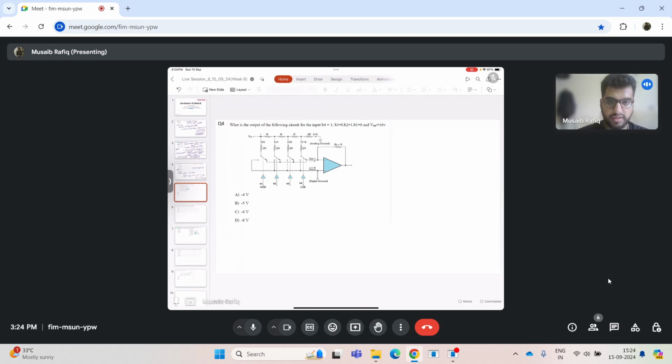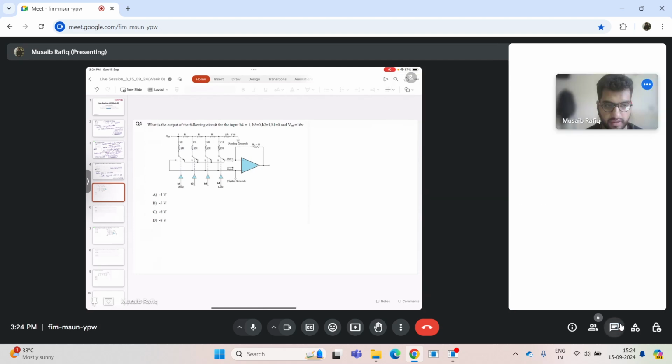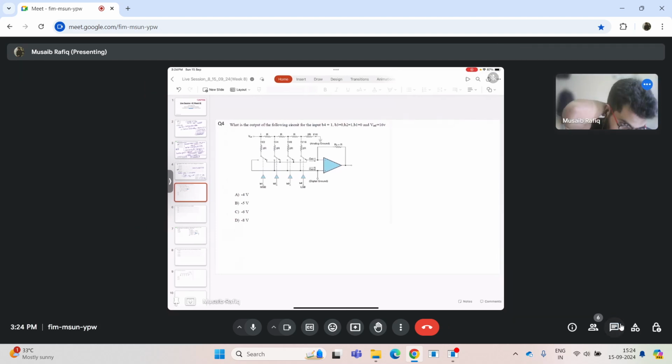So anyone, what is this circuit? Can anyone identify what this circuit is called? You might have seen this circuit in your session lectures. What is this circuit?